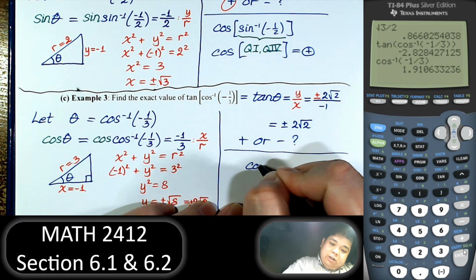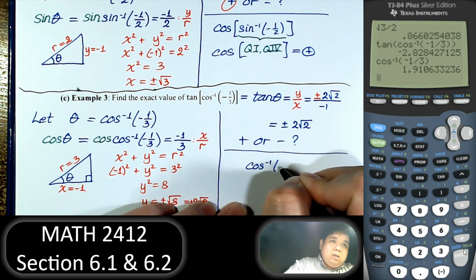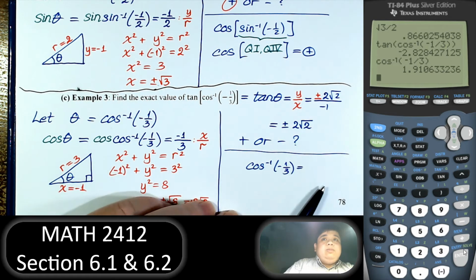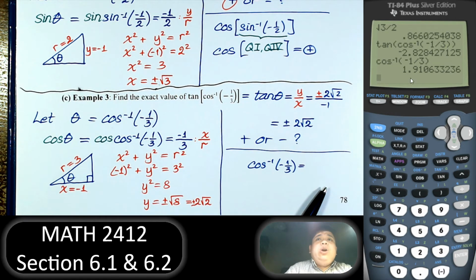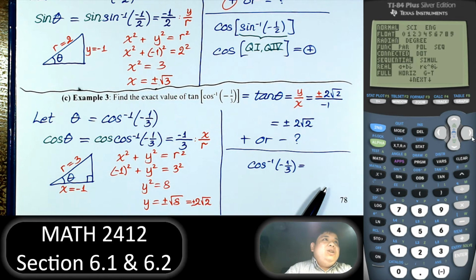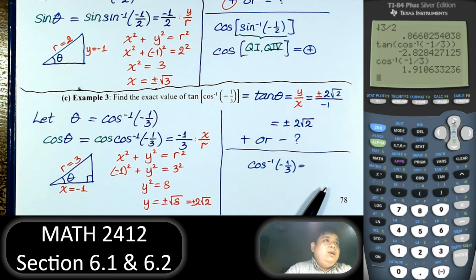If you give it in degrees, it might be easier to see: 109 degrees. So that is in quadrant 2.